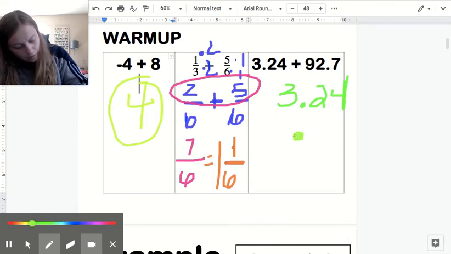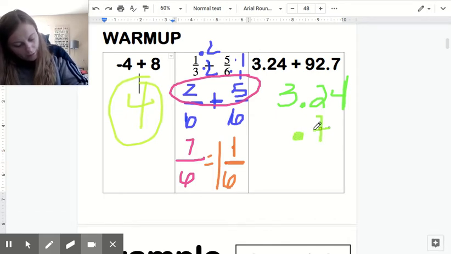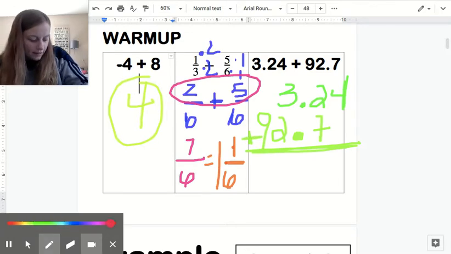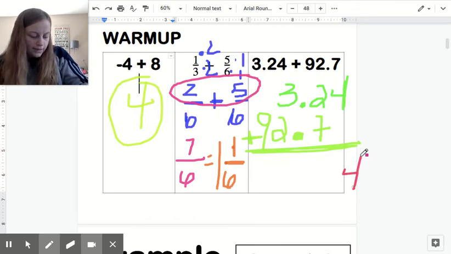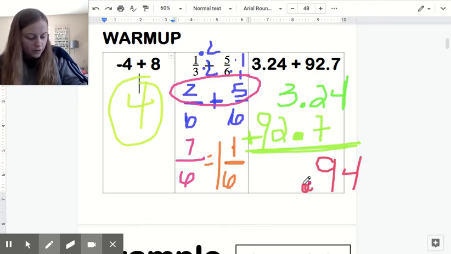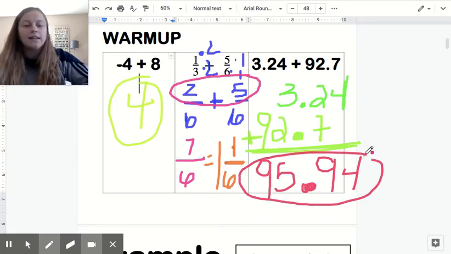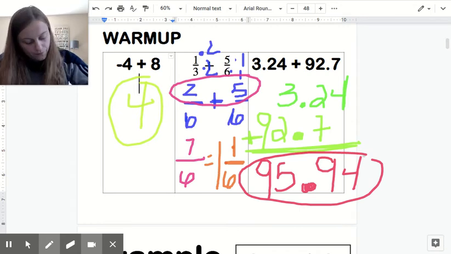So I'm going to start with my decimal and then I'm going to fill in my 92 to make sure I had enough room there to add. 4 plus nothing gives me 4. 2 plus 7 gives me 9. I bring my decimal straight down. 3 plus 2 is 5. Nothing plus 9 is 9. 95.94. Again, lining up those decimals.